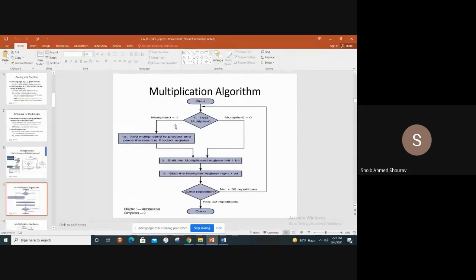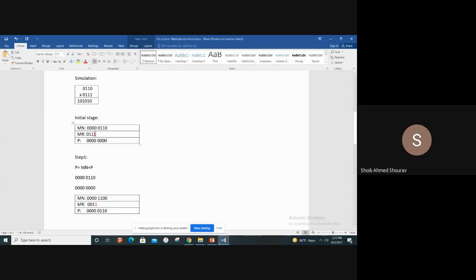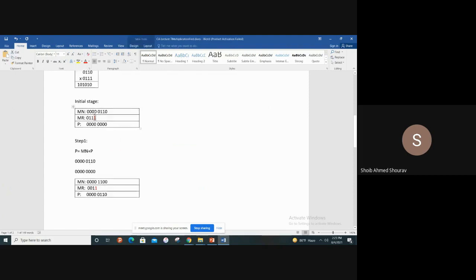If that is 1, we are going to add mn plus p to store on the product register. So mn plus p onto register p. That is what we have to do in step 1 because the mr 0 number bit is 1. So this is mn here, and this is the initial p here.